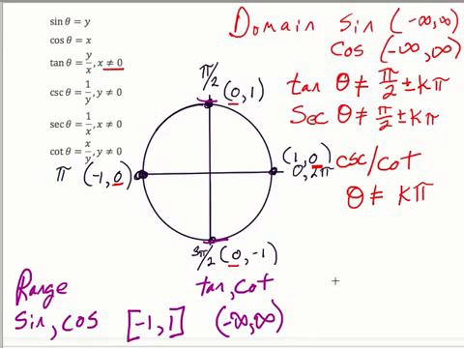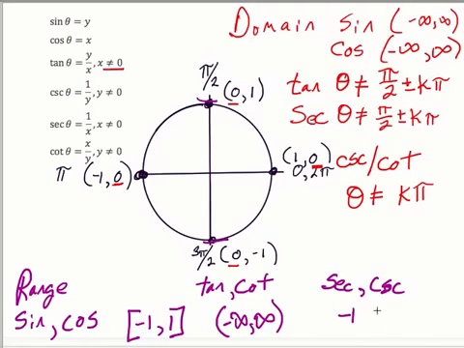With secant and cosecant, these are a little harder to visualize. The range of sine and cosine is from negative 1 to 1. Secant is the reciprocal of these. So the reciprocal of negative 1 to 1. Well, the reciprocal of negative 1 is negative 1, so that's a possibility.